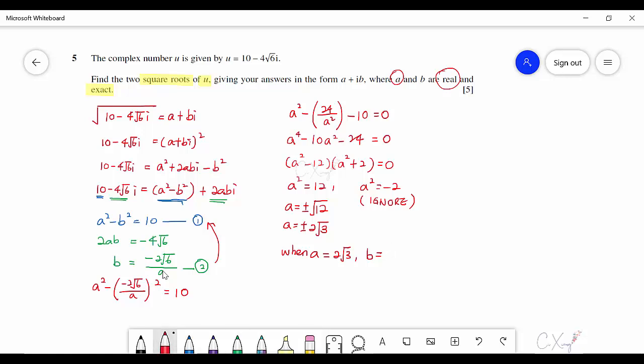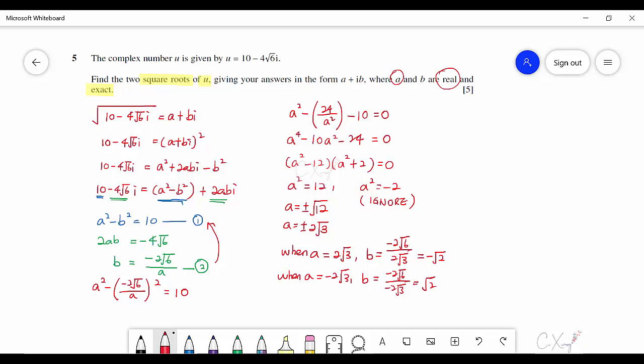Or you can write it out, if you want. You substitute it into this second equation, divided by 2 square root 3. So square root 6 divided by square root 3 gives square root 2, so minus. Then when a equals negative 2 square root 3, what is the value of b that you get? You will have positive square root 2.